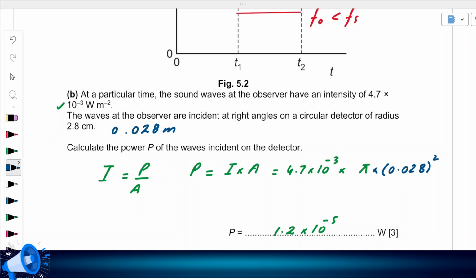The division of marks is 1 mark for the formula of intensity, and 1 mark for the formula of area, pi times r square. So if you do these two steps, you get 2 marks.